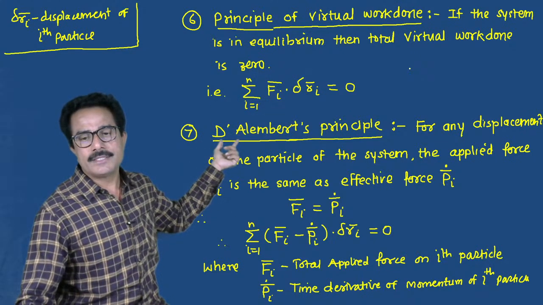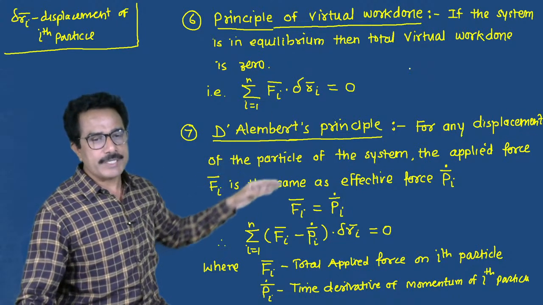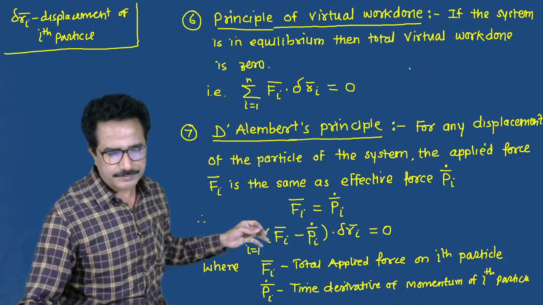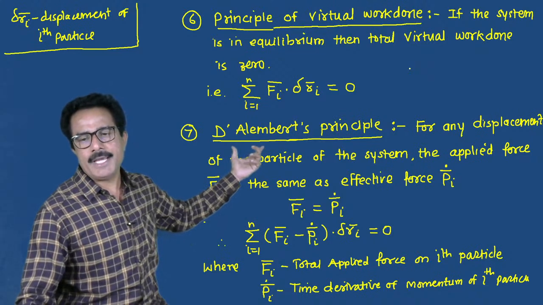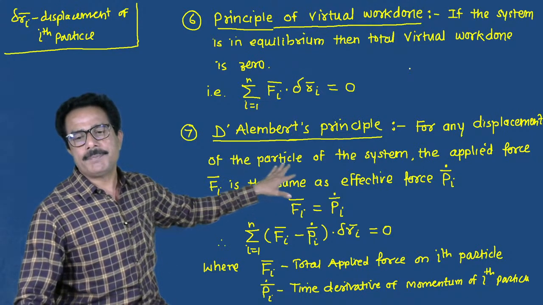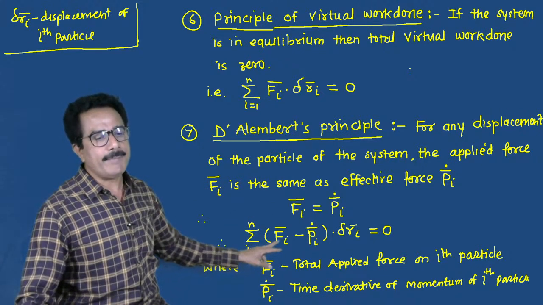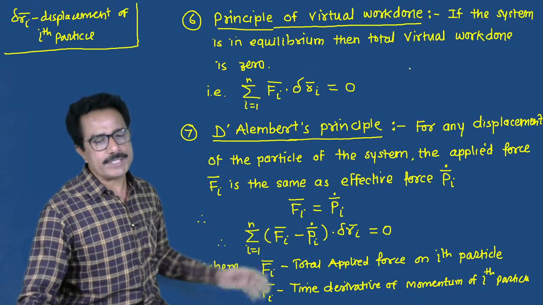Also we know D'Alembert's principle. For a displacement of the system, summation over i equals 1 to n of (fi minus pi bar) dot delta ri equals 0.